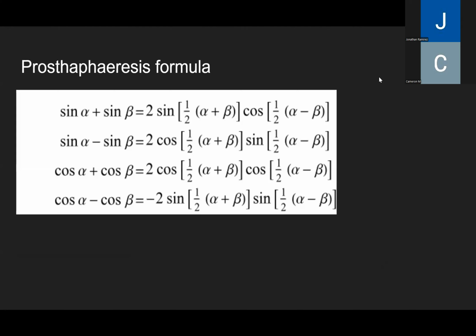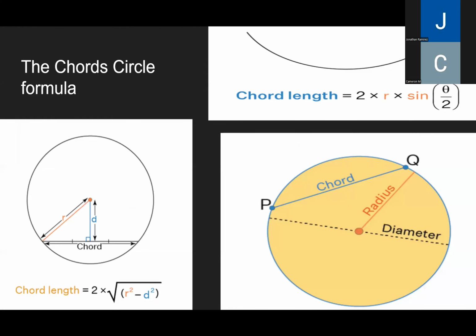Another method is the prosthaphaeresis formula. The original creator is unknown, but it was discovered by Johannes Werner. The final method we will introduce is the chords of circle formula that we will be showing in more detail, which was also founded by the father of trigonometry, Hipparchus.